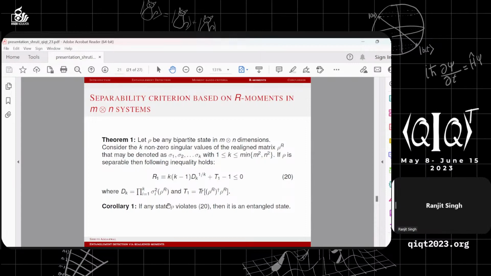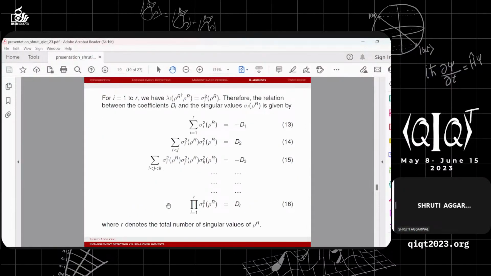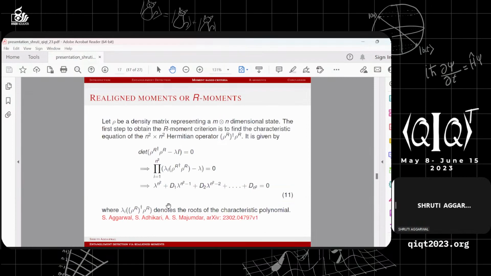And what is the meaning of moment? Could you please explain? Okay, so moment means that if we have a matrix A and we take the trace of the matrix, let's say we call it the first moment. If we square the matrix A and then take the trace, it is called the second moment.